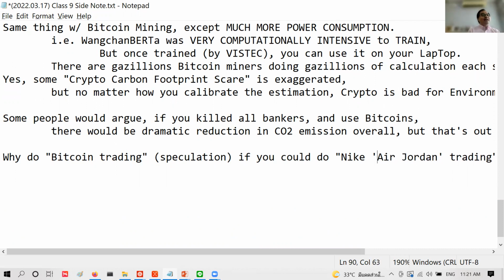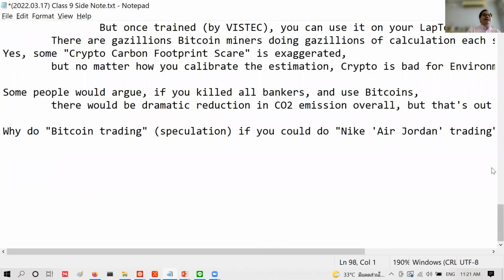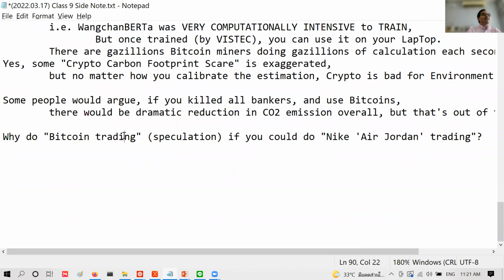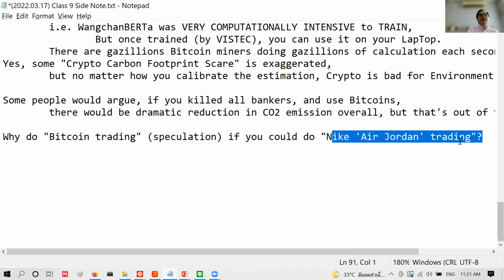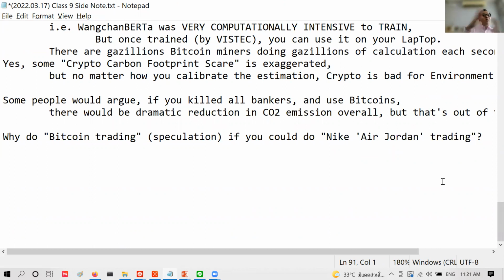Exact same thing. If there's a market for this, it doesn't make you any more technologically advanced. In fact, it makes you less technologically advanced. Why? Because Bitcoin is already coded in the market, so all you have to do is download the time series. Whereas if you're going to do Nike Air trading, you have to do a little bit more data scraping. So it's actually a little bit harder. So this is no more technologically advanced.